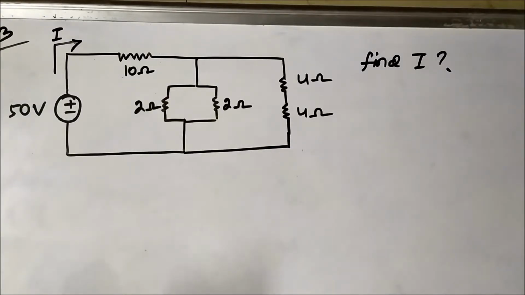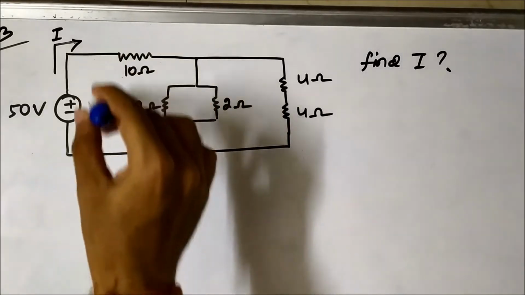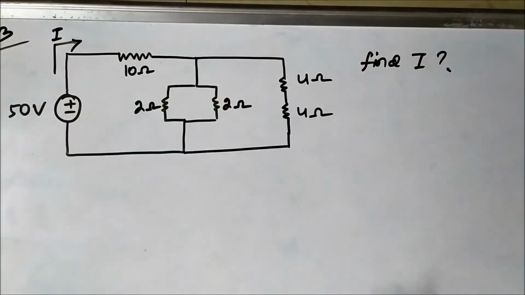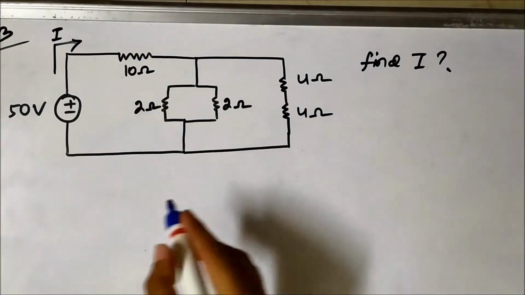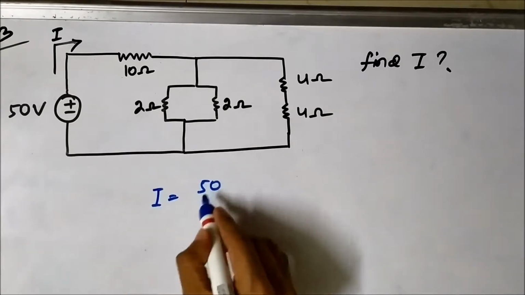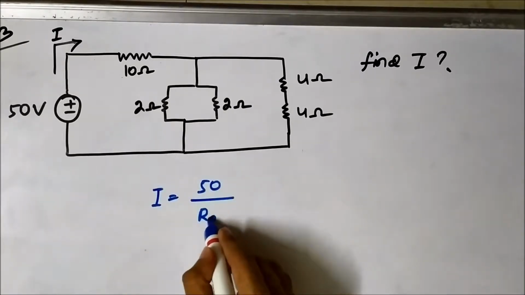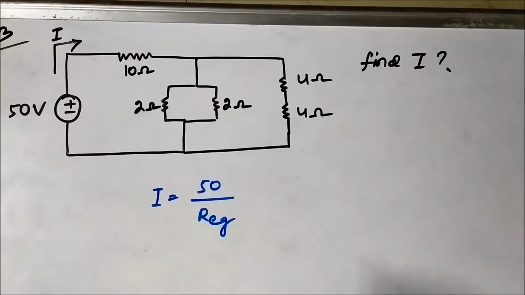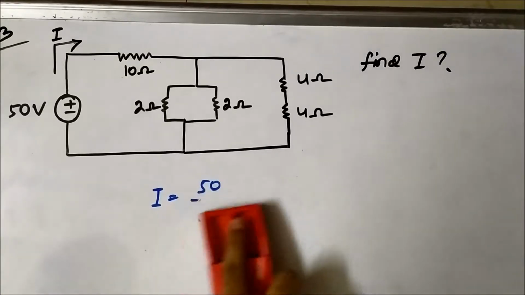Now, in order to calculate the total circuit current I, we have to calculate the total equivalent resistance of this combination. I will be 50 by R equivalent, the total circuit current. So for that we have to calculate the equivalent resistance.